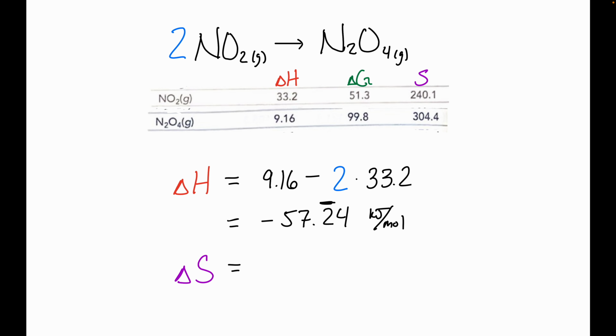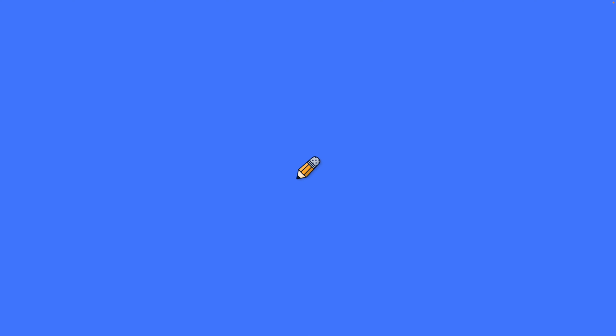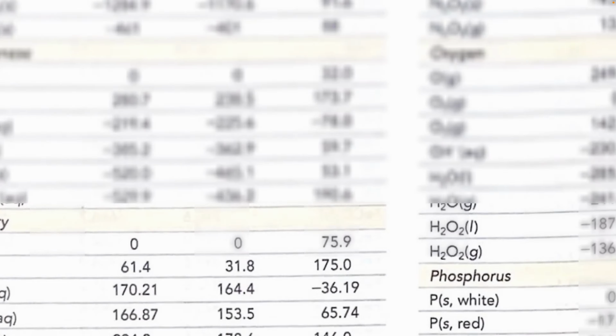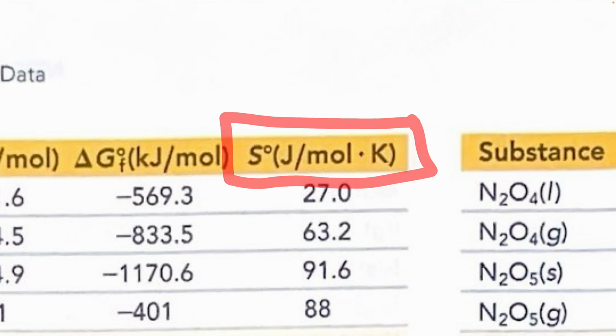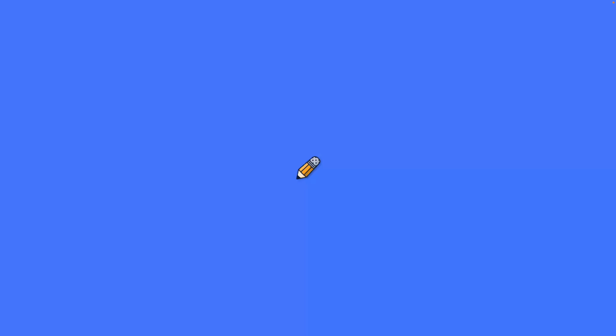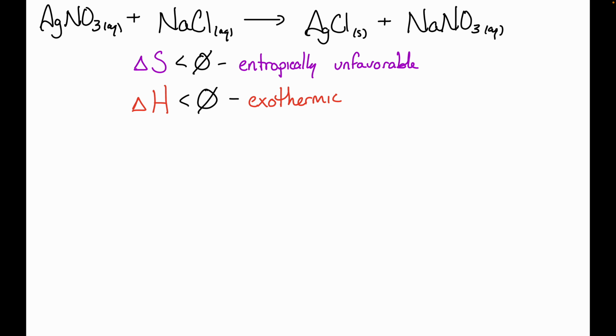Similarly for our delta S, 304.4, products minus reactants, that 240.1. I get negative 175.8. All right, and we want to note here, this is going to be kind of a little bit of a thorn in our sides here, but it's just the way that we have to deal with our constants page. Our units for entropy are listed in not kilojoules per mole Kelvin, but joules per mole Kelvin. All right, so we're going to have to do some unit conversions here.